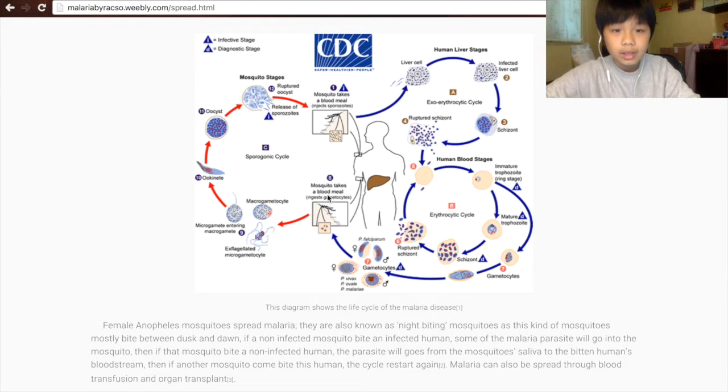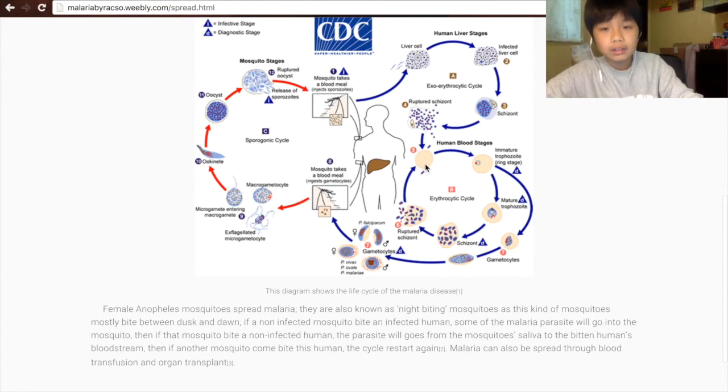reproduce in the mosquito, and then when it bites a non-infected human, the parasite will go into the human's liver, invade the liver cells, and reproduce in them. It waits until it is mature enough, then goes into the blood and invades red blood cells.